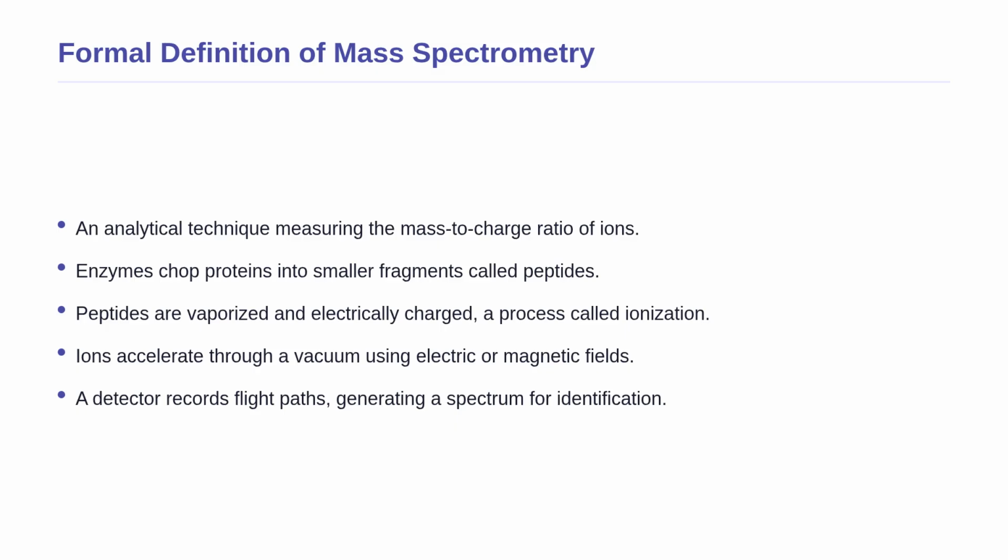These peptides are then vaporized and blasted with energy to give them an electrical charge, which is known as ionization. Once charged, these ions are accelerated through a vacuum. Their flight paths are altered based on their mass and charge. Finally, a detector records when and where each ion hits, creating a spectrum that algorithms match against a database.